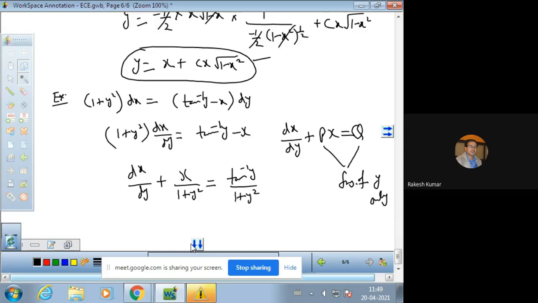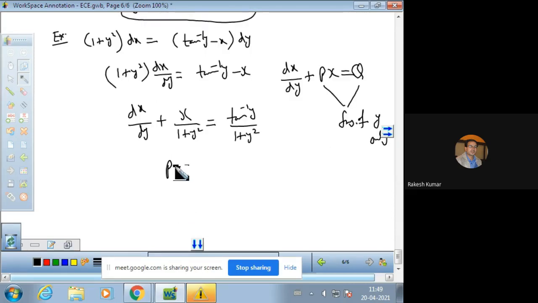So on comparison, you will have capital P that is 1 over 1 plus y square and capital Q is tangent inverse y over 1 plus y square. So in this equation, the dependent variable that was y earlier we have made x, and x we have made y, and we will change the solution accordingly, and also change the integrating factor.